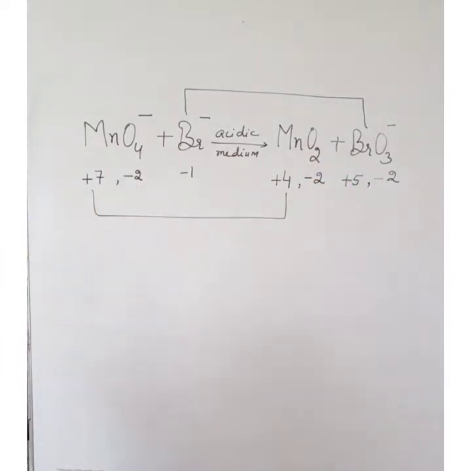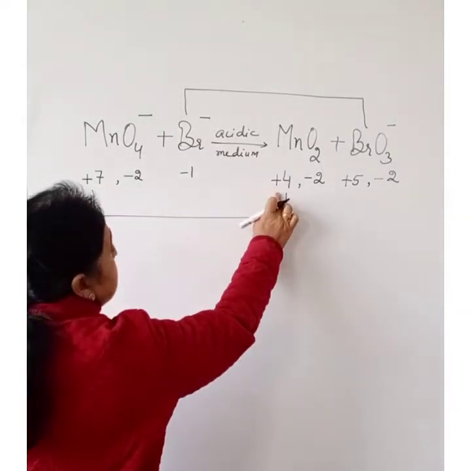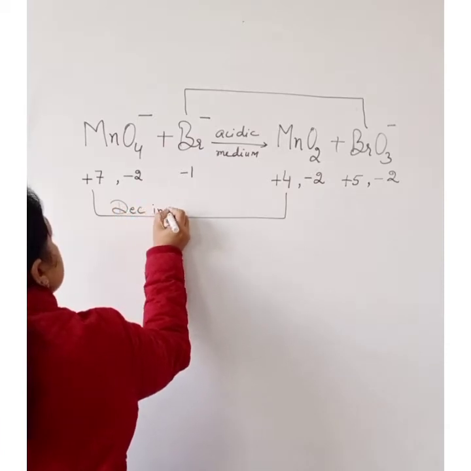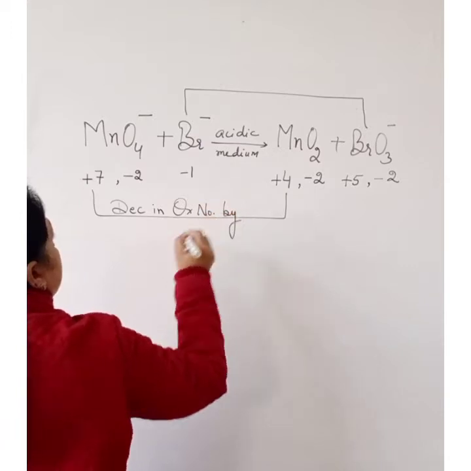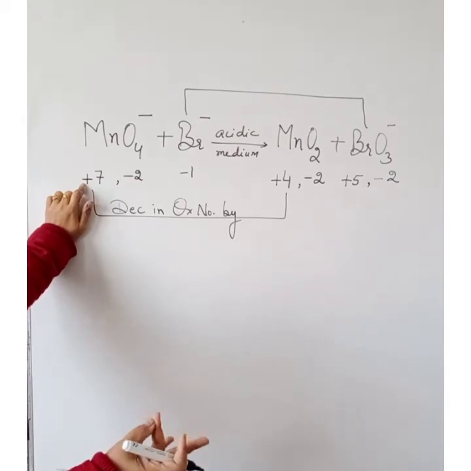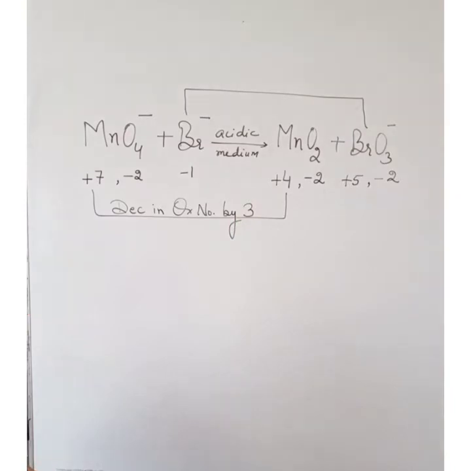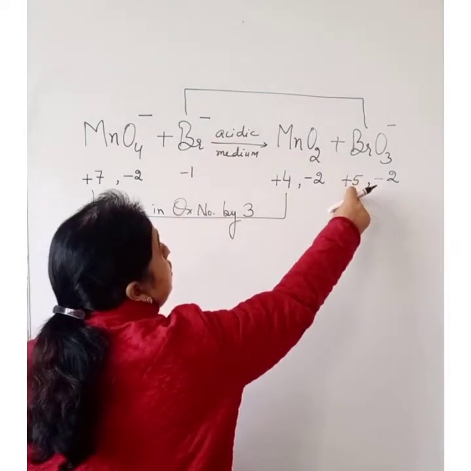Now find out the change in oxidation number. Plus 7 is changing into plus 4. That means there is decrease in oxidation number by how many units? Plus 7 is changing into plus 4: plus 6, plus 5, plus 4. That means by 3, decrease in oxidation number by 3. Now here minus 1 is changing into plus 5.